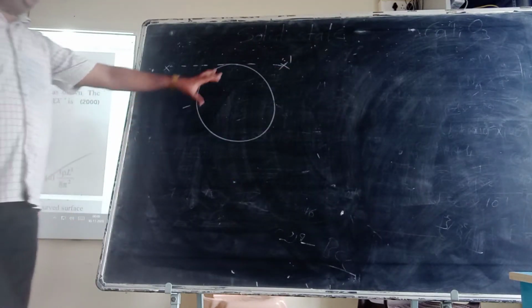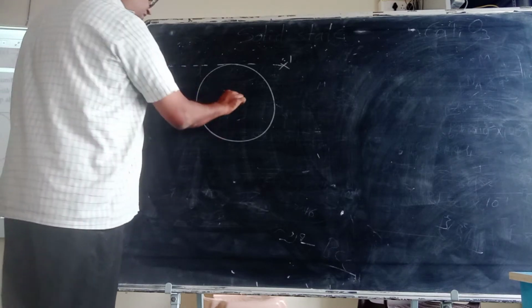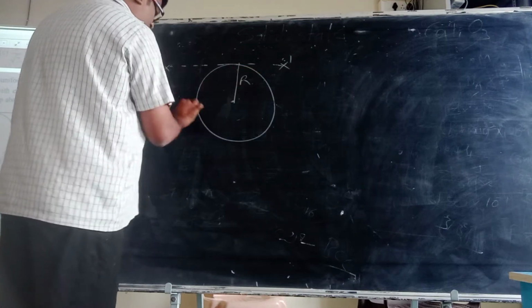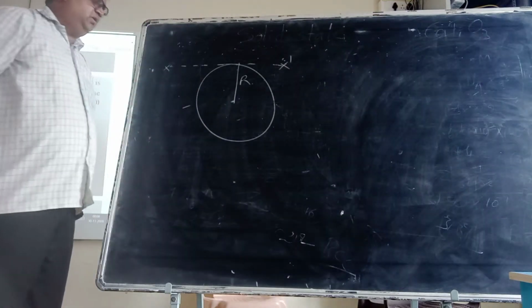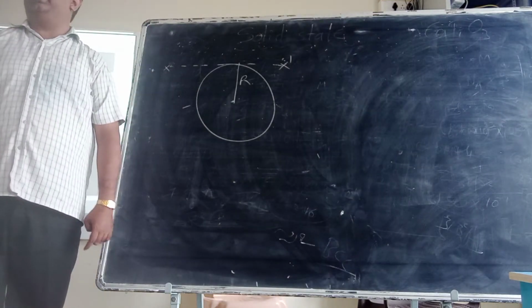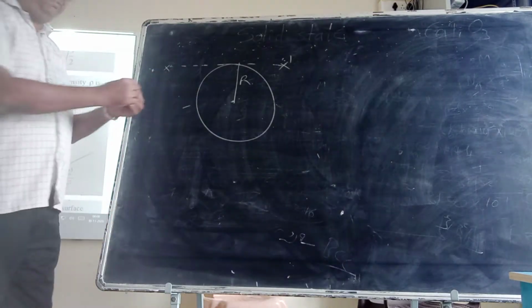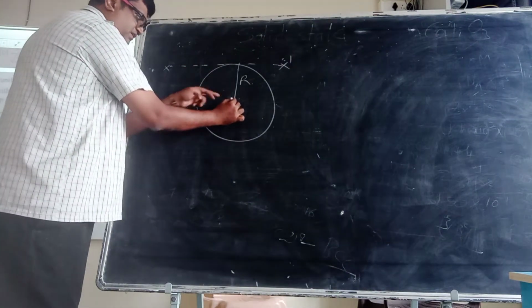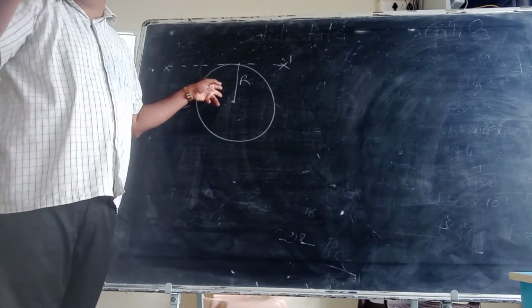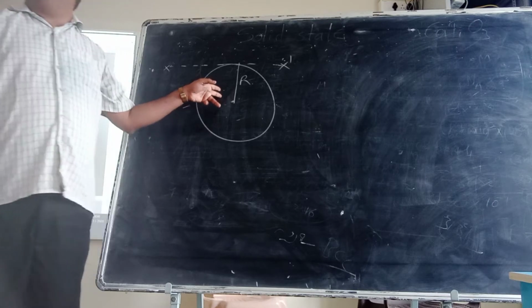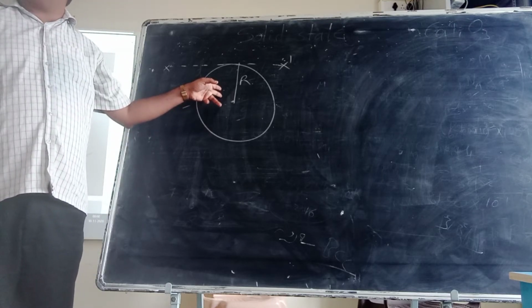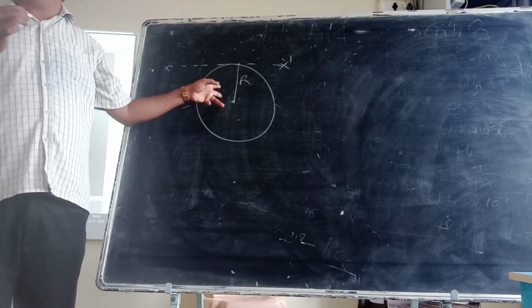Alright, obviously this will have some radius. So let us say that radius is r. So what is the formula actually for a ring? Suppose I put one rod here which is perpendicular to the board. You know that your moment of inertia is how much for a ring? Siddhant? mr square.